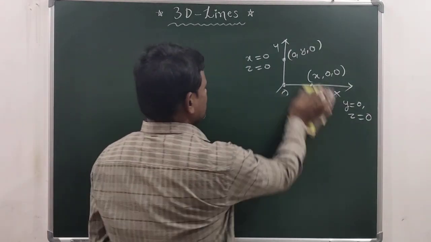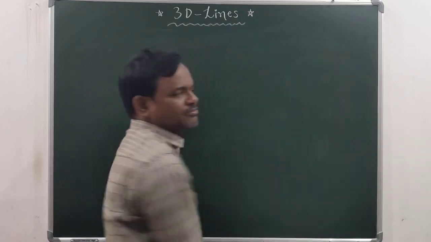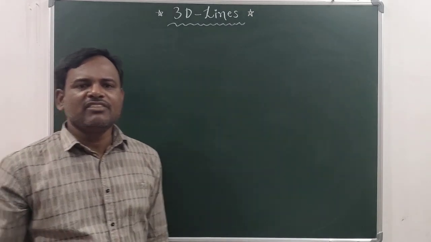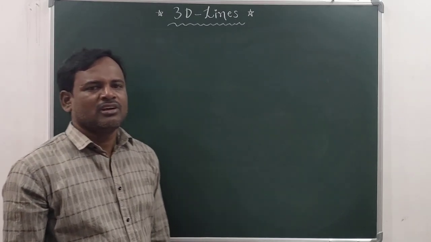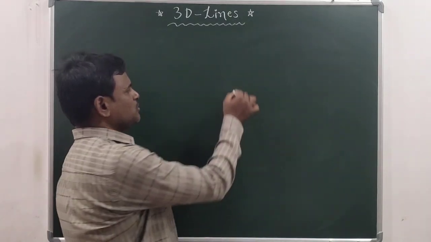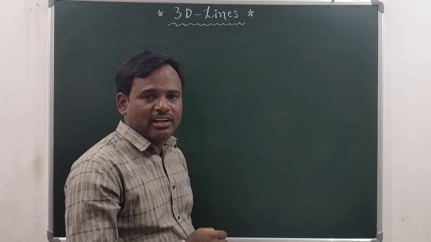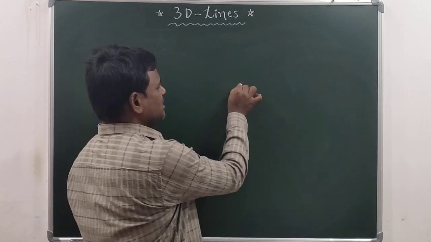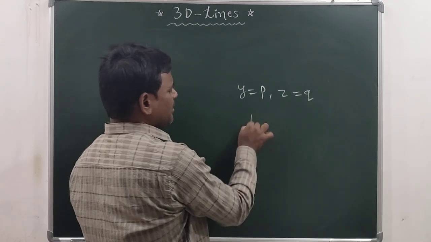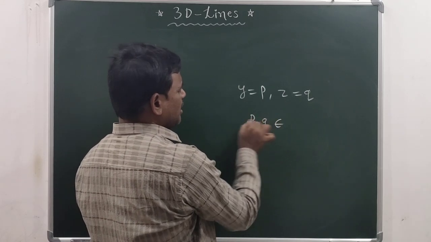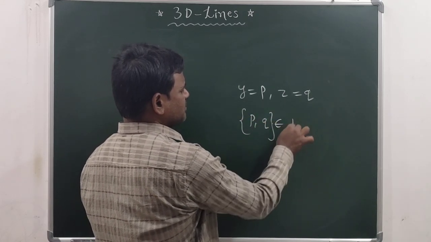Now, tell me the equation of a line if it is parallel to the x-axis. Remember this as a standard result, students. The equation of a line parallel to the x-axis is y equal to p, z equal to q, where p, q belong to real numbers.